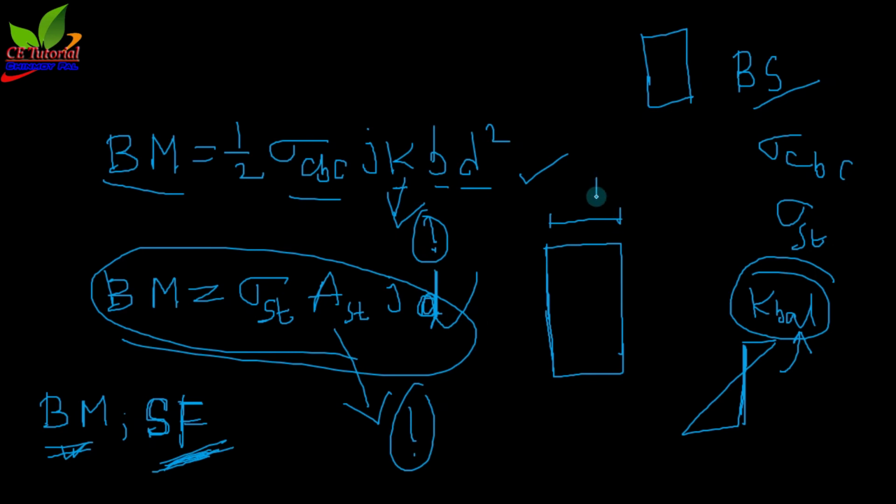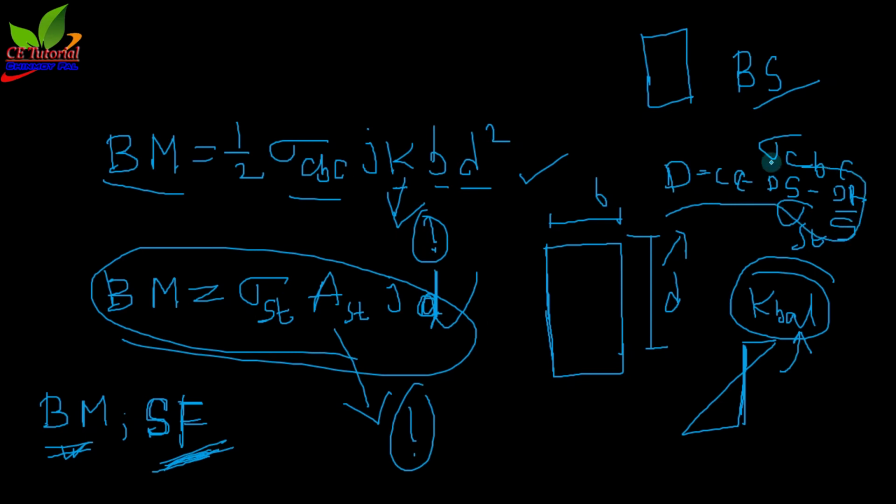Now this B is known, this effective D is known, and effective D is coming from overall depth minus clear cover minus dia of stirrup. You can neglect dia of stirrup right now, no issue, or you can assume it. Otherwise, you have to deduct dia of stirrup and dia of reinforcement by 2 from the overall depth.